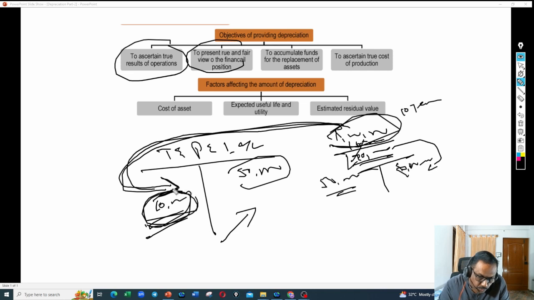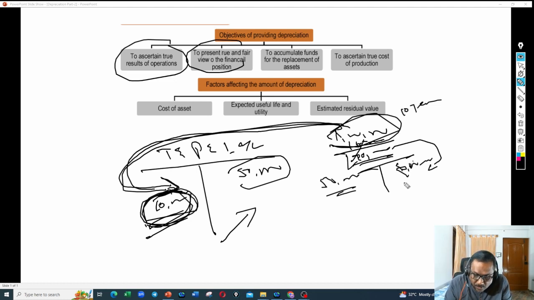10,000 is supposed to be shown on the debit side as operational cost, as a part of depreciation. If I don't show 10,000 rupees as debit in the P&L account, and if I don't reduce the 10,000 rupees from 1 lakh and showcase 90,000 in the balance sheet as an asset, that means I'm not presenting the true and fair view of the financial position. So I have to show 10,000 here.